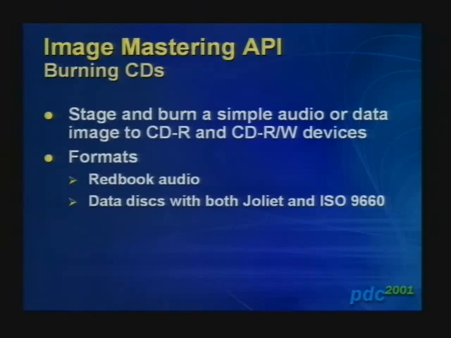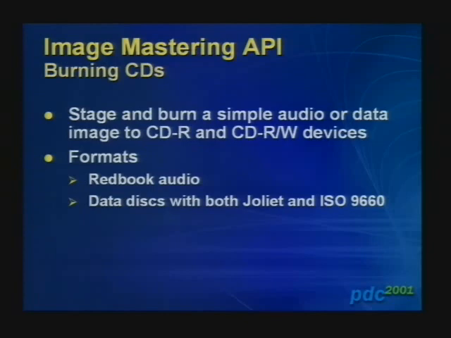for your home applications. The image mastering API is a set of COM objects. Virtually all the Windows XP new APIs are COM objects. The way that you specify what you're going to burn onto a CD is through the IStorage interface that you might be familiar with from the structured storage for OLE documents before.